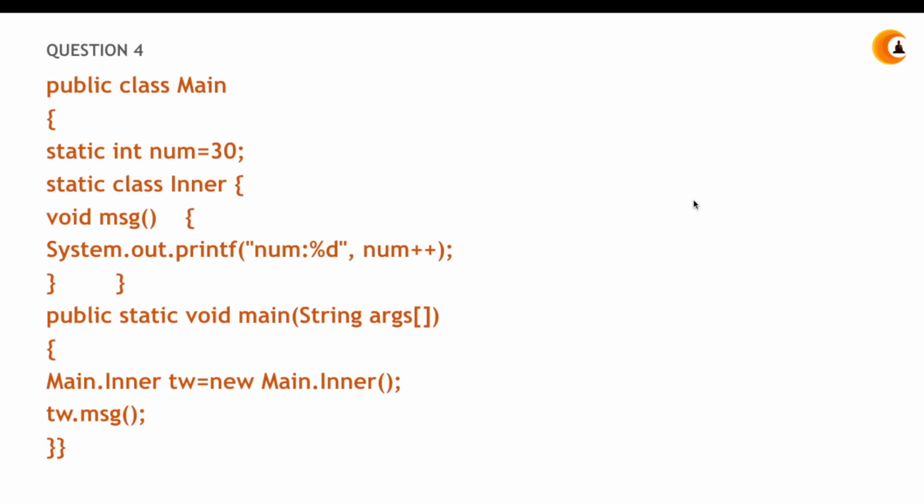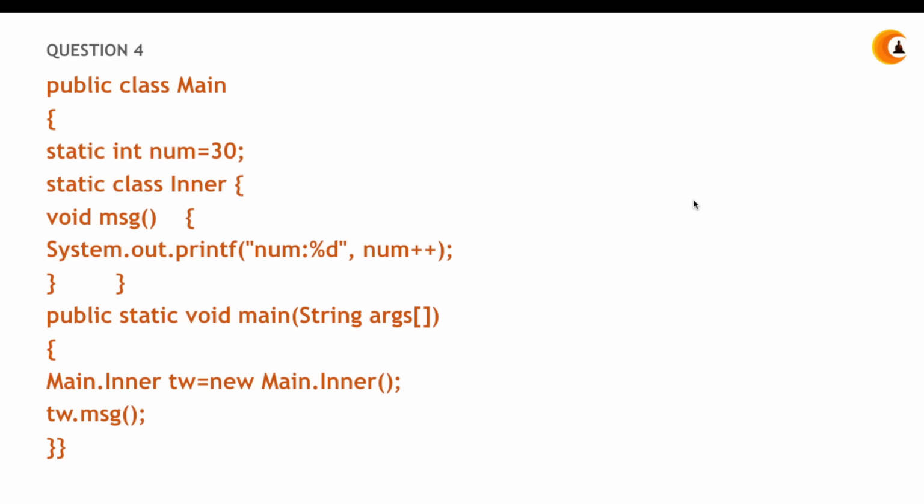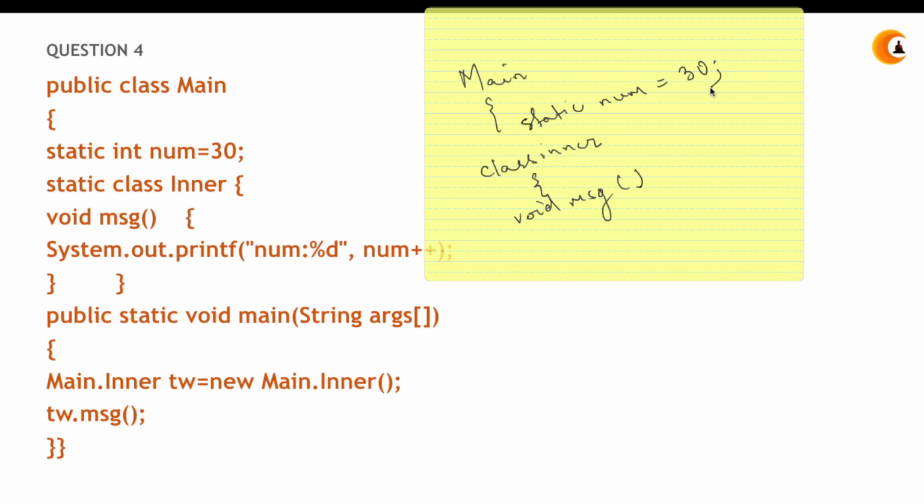This is question number 4. Give it a try. Your 30 seconds starts now. Alright. So there is a main class which is having an inner class, right? And this inner class is having a function message, and there is a static variable num which is defined to be 30, right?